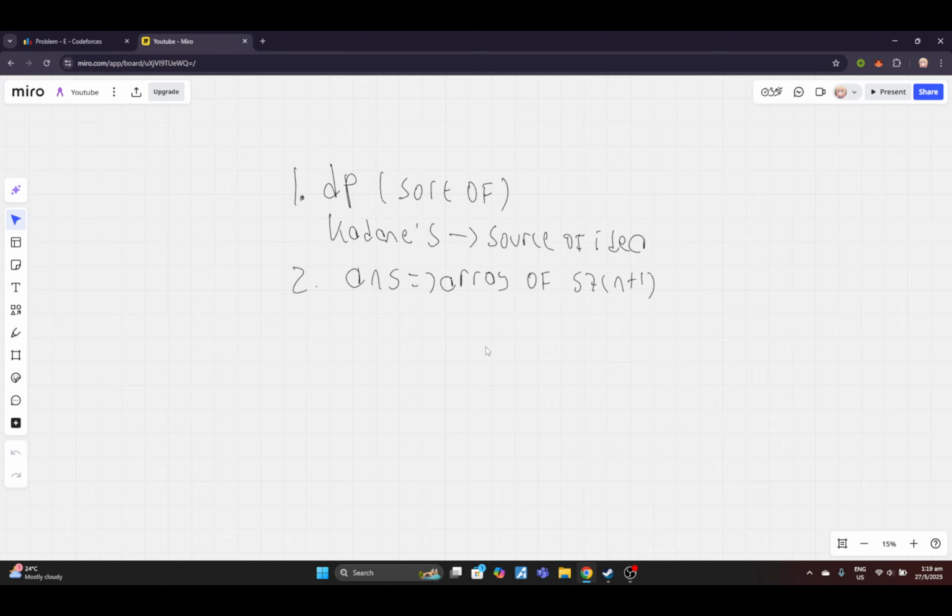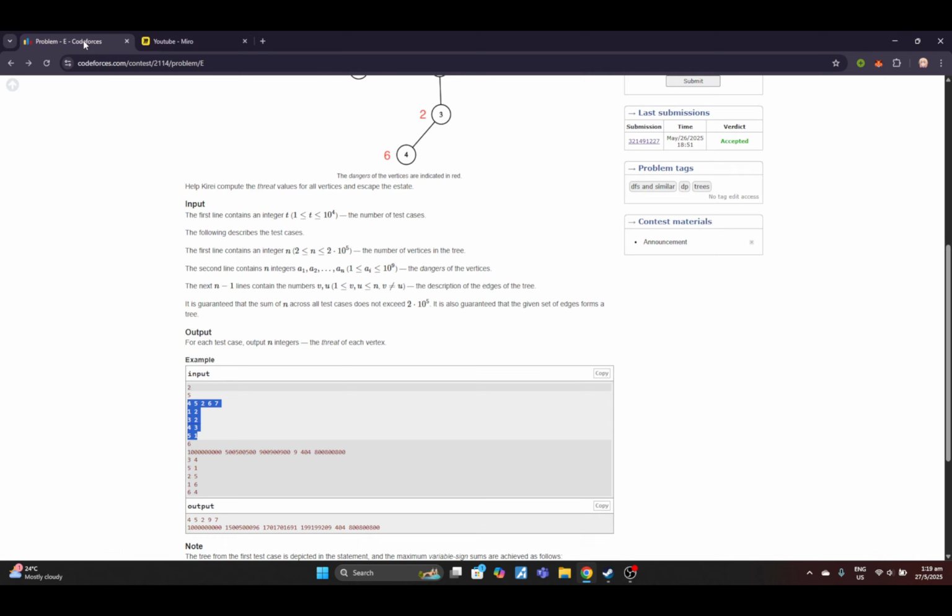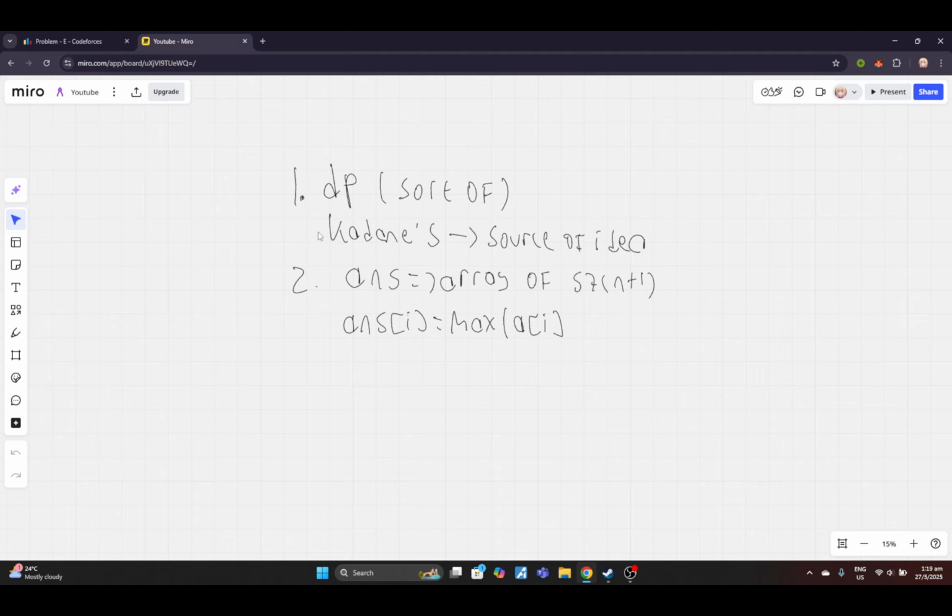So we need to store 1 plus n. I'm going to use one-indexing here. Okay, so the formula for this would be: answer i would be equal to the maximum of a i. So a i would be the initial value. In this case, a would be something like 4, 5, 2, 6, and 7.